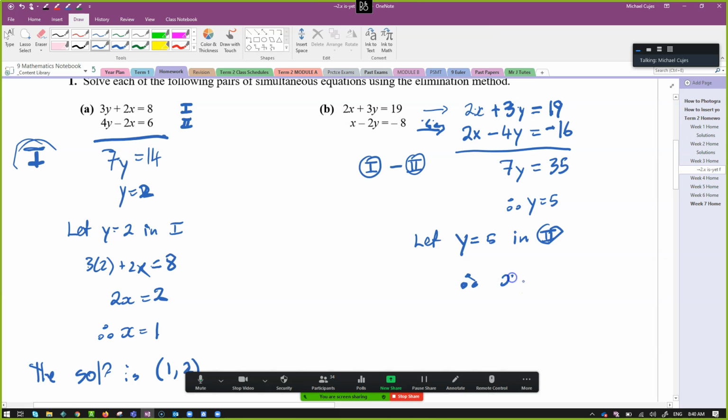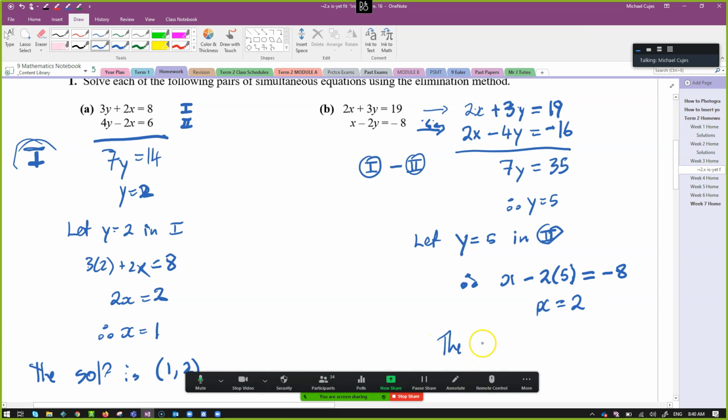So I've got x minus 2 times 5 equals negative 8. So I've got negative 2 times 5 is negative 10. So I'm going to add 10 to each side, and I get x is equal to 2.